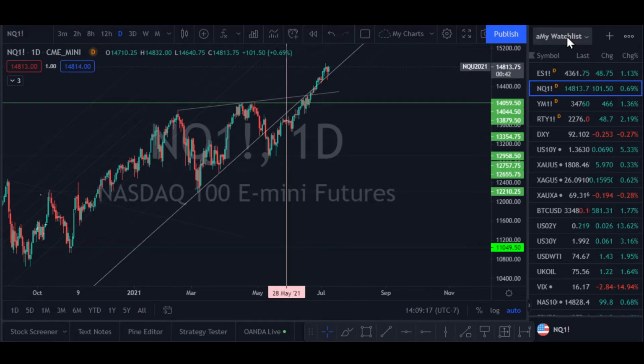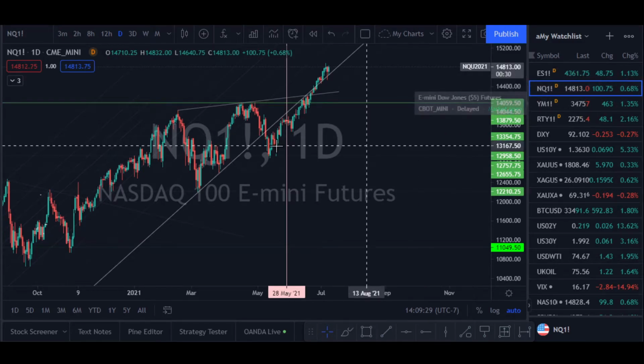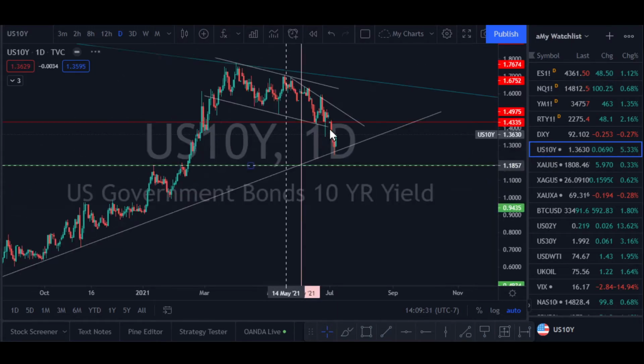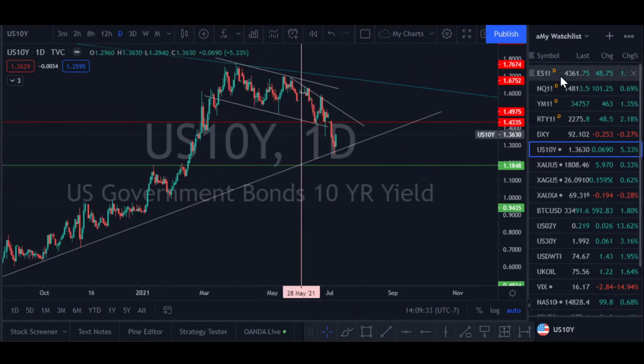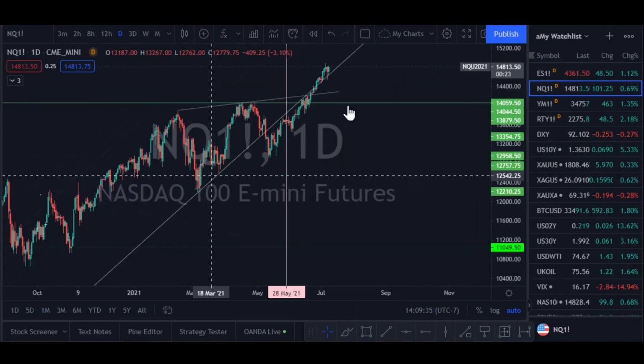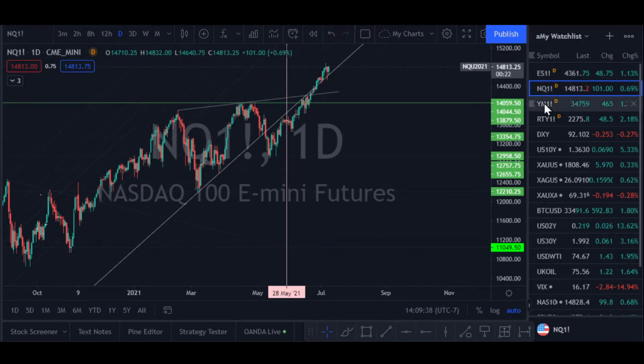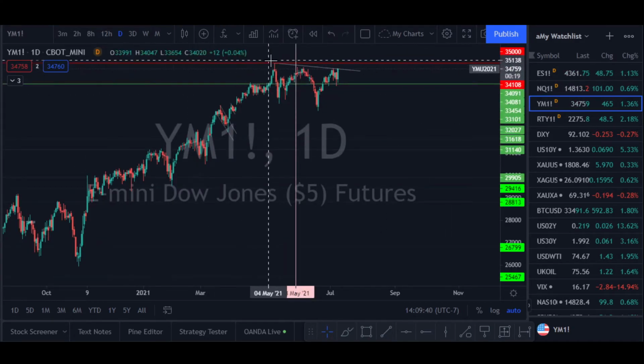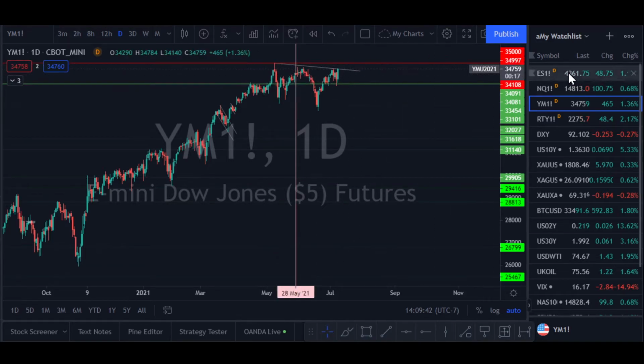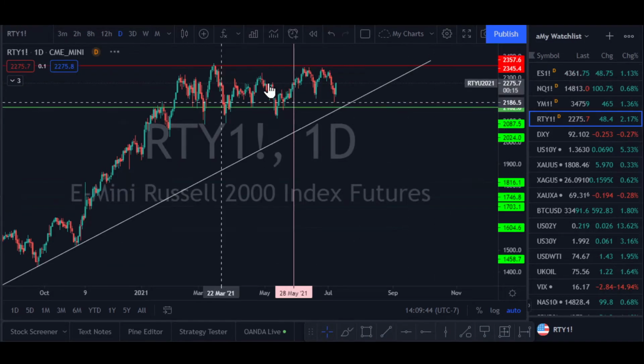So in summary, at least as far as equities are concerned, I'm really paying attention to what's going on with the Japanese yen in Forex against the commodity currencies, because that's a huge tell for risk on versus risk off. And I'll also be watching yields, because if yields continue lower, then I think the NASDAQ's going to continue to rise, and I think that the Dow is going to underperform, and I think the Russell will underperform.